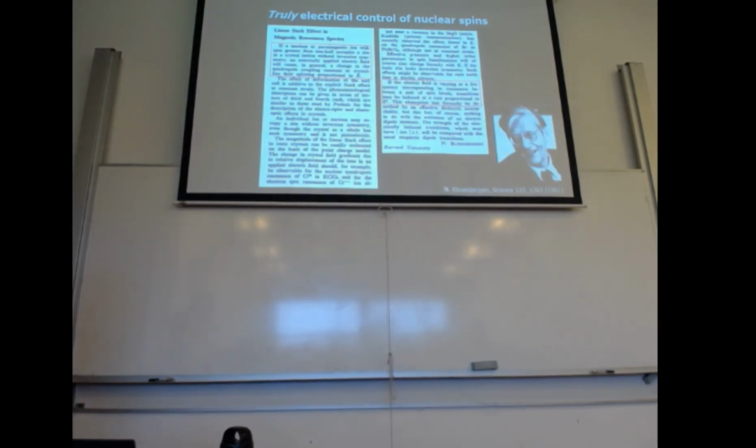Oops. Turns out there is actually true electric control possible. And this was Bloembergen, one of the founders really of NMR. After Purcell discovered NMR, shortly after Bloembergen joined him, and this whole era of the late 40s, 50s, where they just really worked out NMR.